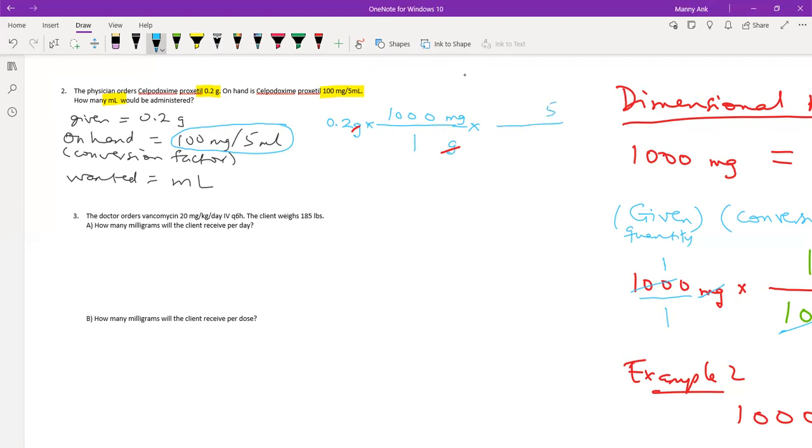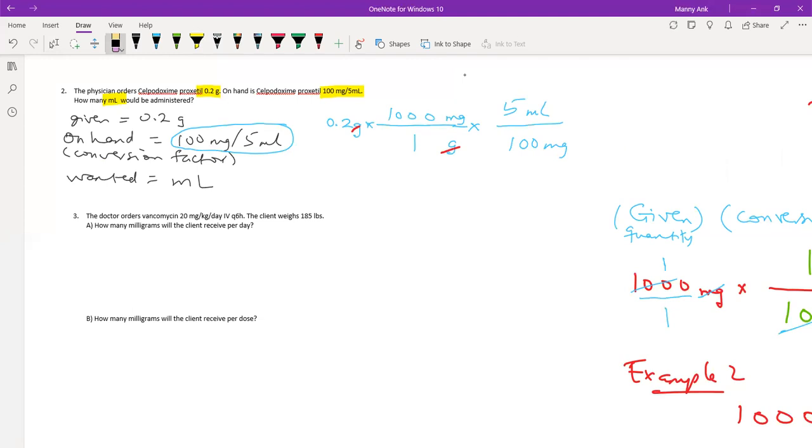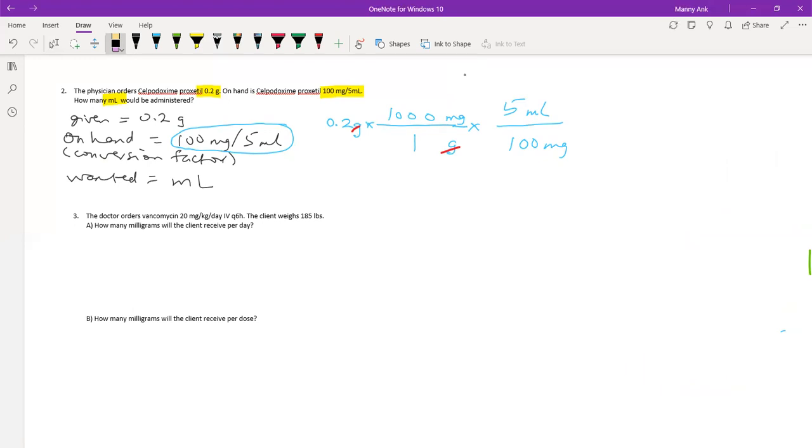So 5 ml should be in the numerator, and the 100 milligrams should be in the denominator. Check the units before you start multiplying. If it's not right, then you know there's something wrong from the word go, so don't waste your time.